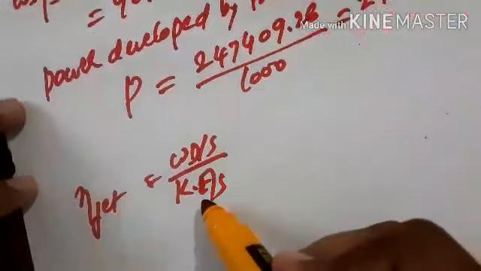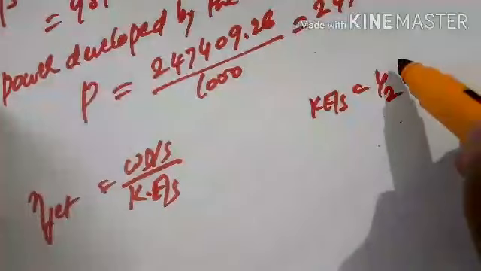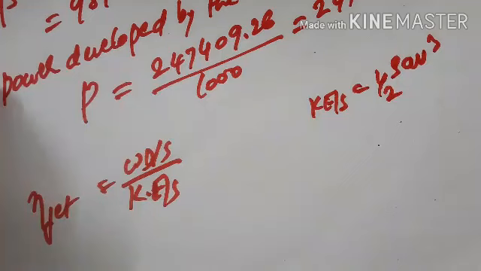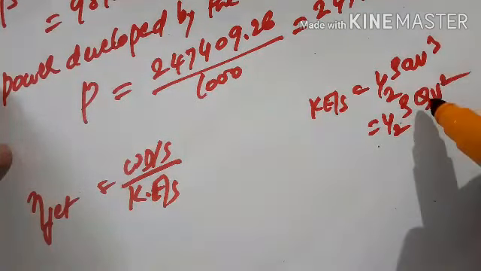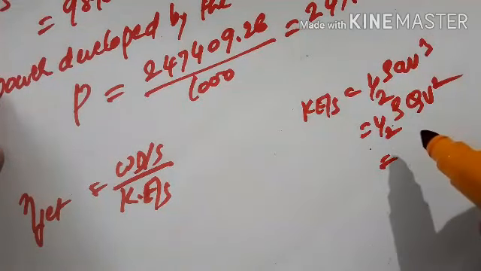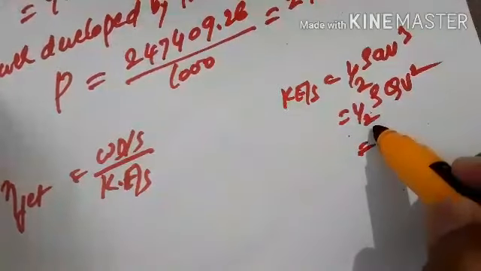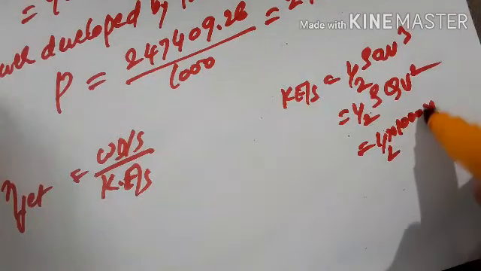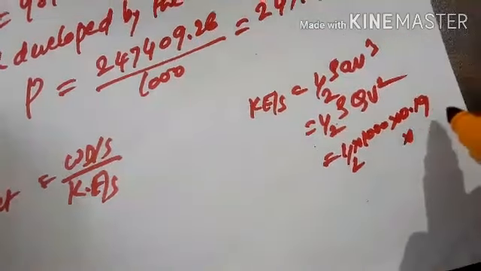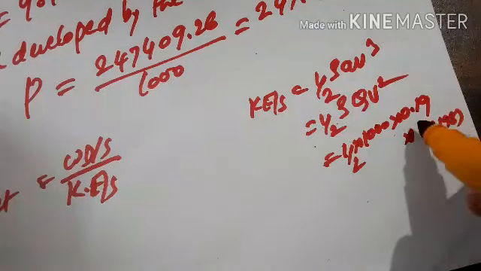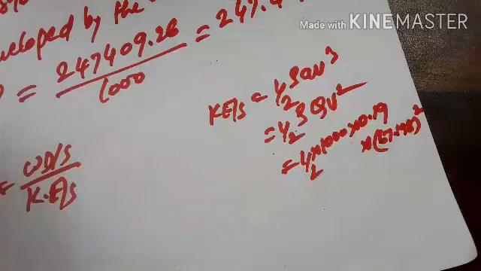So already we calculated work done per second, then only calculate kinetic energy per second. That is, we know half rho a v cube, or you can write half rho Q v square, because Q equal to a into v. Then substitute here, that is half into 1000 into 0.19 into 67.198 square.